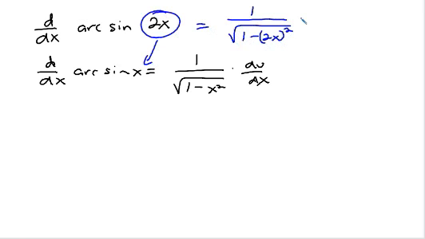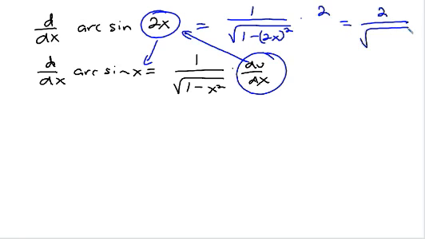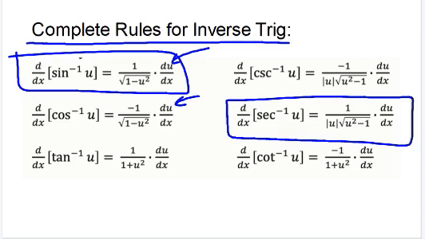And then I need to multiply it by the derivative of that thing we're taking the arc sine of. So the derivative of 2x is just 2. All right? So there's my answer. It's just 2 over the square root of 1 minus 4x squared. So using these formulas is really easy. Let's do another one.